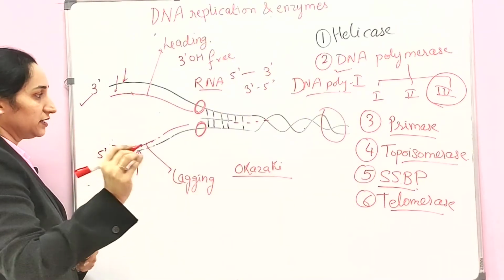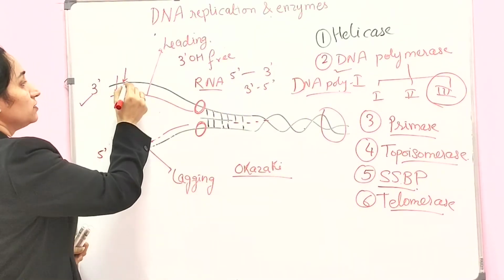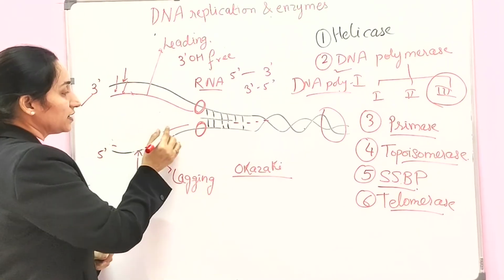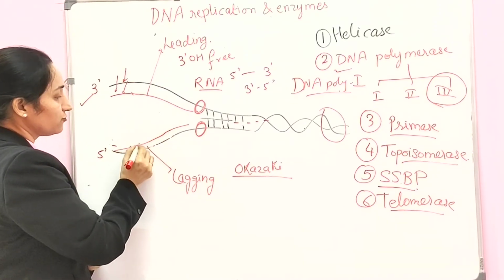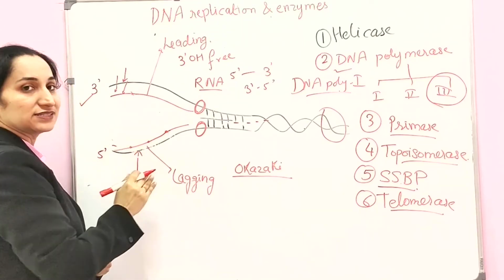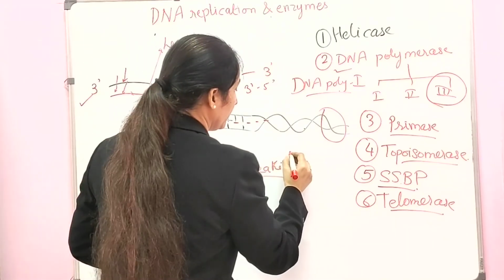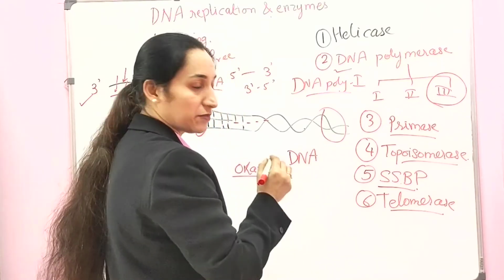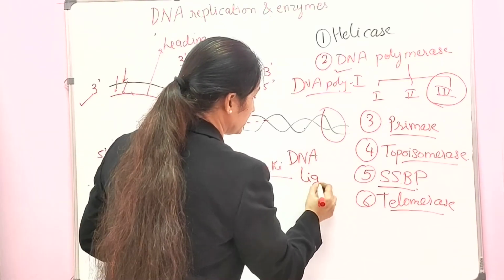Okay, DNA polymerase 1 will remove this primer. Now these are the nicks which are formed because these primers are being removed. These nicks are filled up by the enzyme DNA ligase.